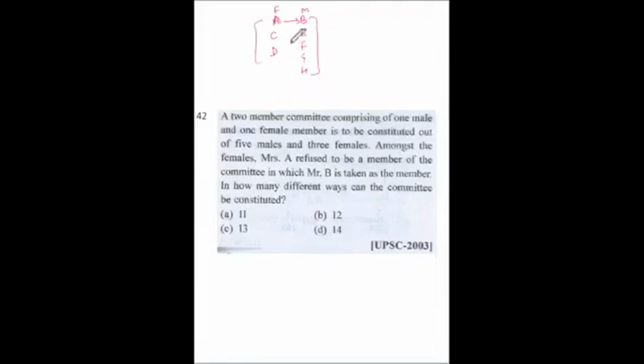So A and B are not together, so A may be with E, F, G, H. So 4 cases are there of making the committee. C can be with anyone, so 5 possibilities, and D also, so 5, D can join with anyone, so total is 14. Answer is D.